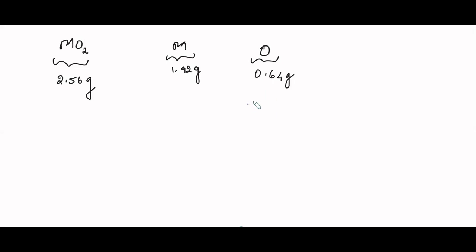What is the formula? Number of moles is equal to mass over atomic mass. So 0.64 by 16. Don't write 32, because 0.64 grams doesn't correspond to an oxygen molecule. It is the entire mass of oxygen in the compound MO2.